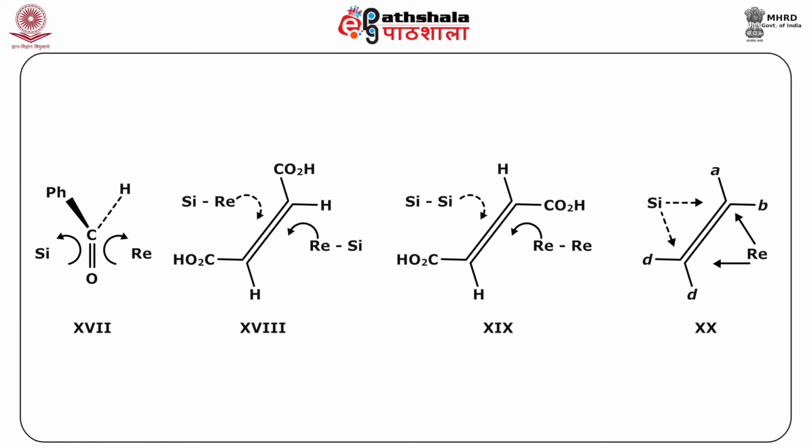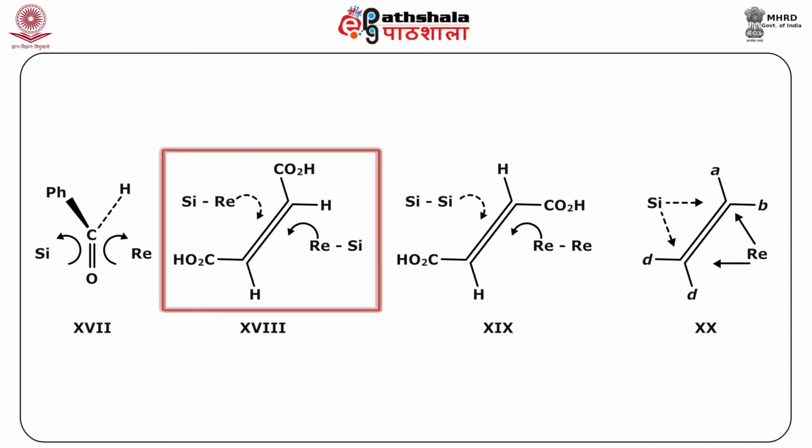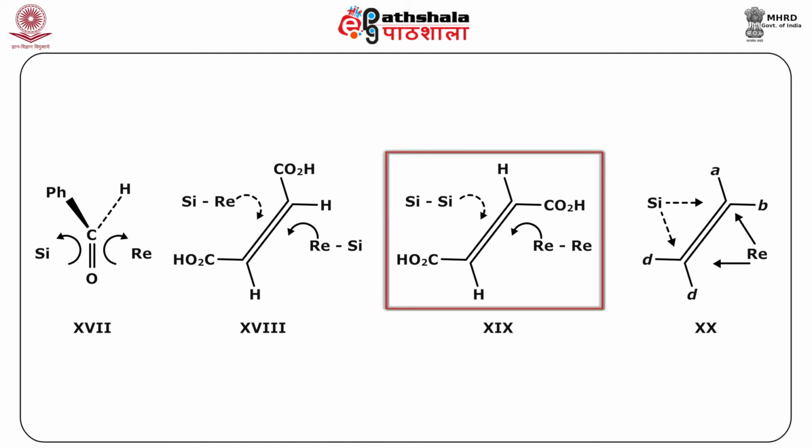If the double bond contains two specifiable trigonal atoms, a face may be uniquely defined by two symbols, one for each specifiable atom. This is illustrated with malic acid in structure 18. Here two faces are homotopic, and in fumaric acid in 19, the two faces are enantiotopic.